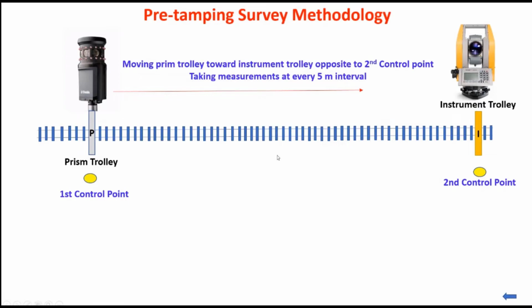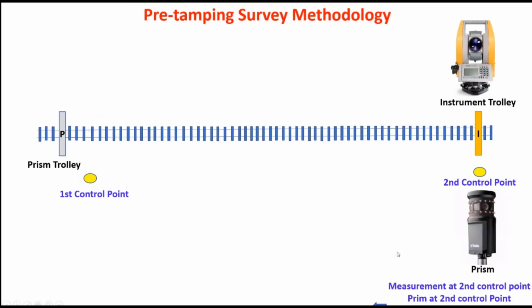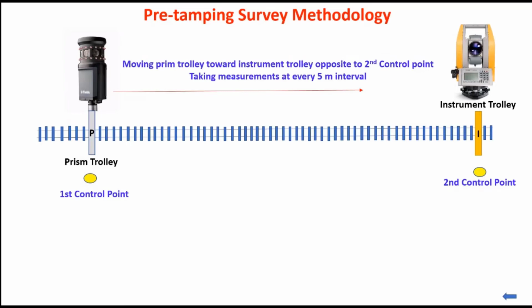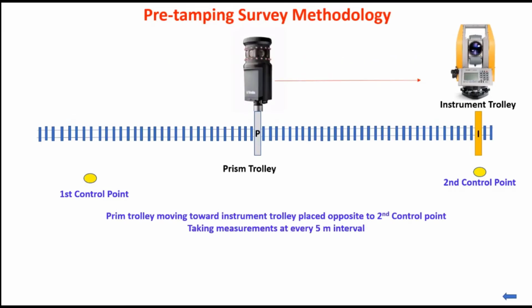If there are obligatory points, those also are picked up. To pick up obligatory points, the normal prism will have to be used, which was used in the first step, to pick up the location of obligatory points. Again this will be moved like this.